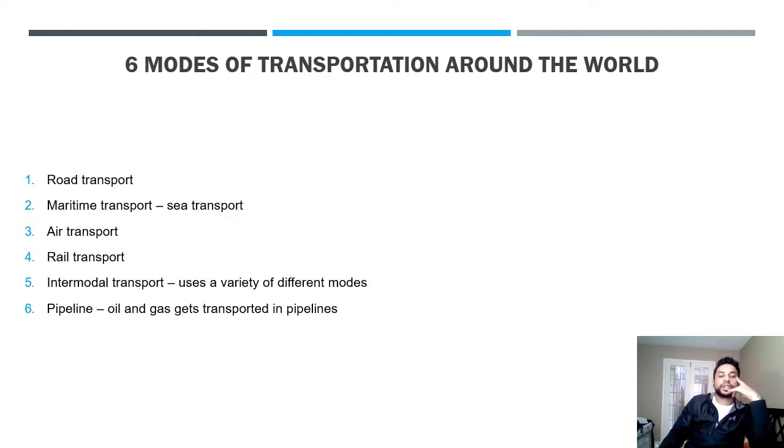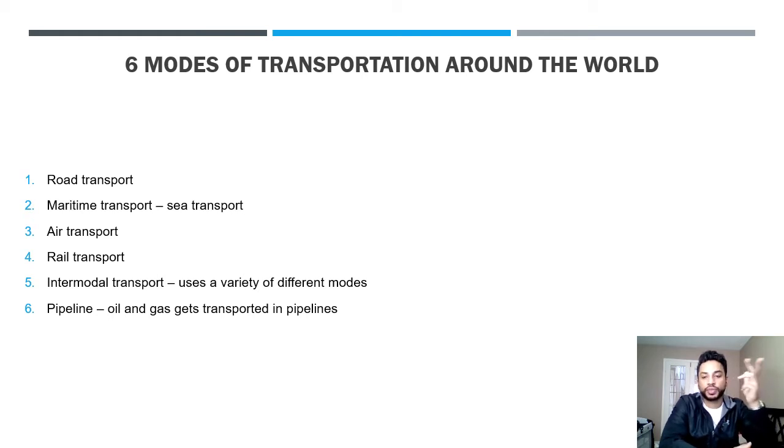What are the six modes of transportation around the world? There are six modes of transportation used right now to transport things around the world. They're missing one, actually. So there's road transport, obviously, trucks and stuff. Maritime transport means sea transport, so ships.